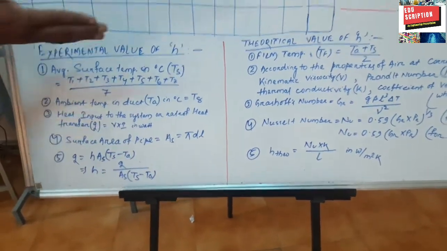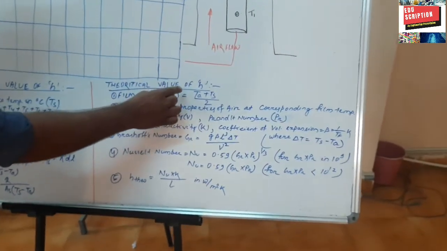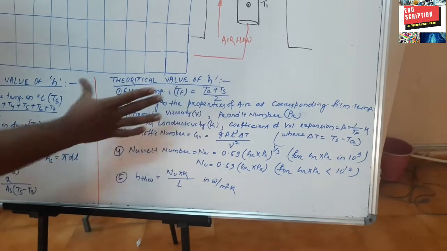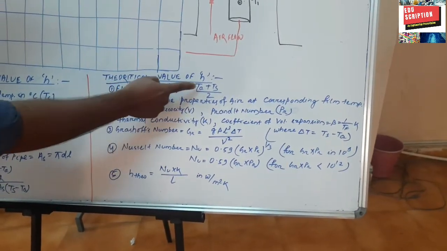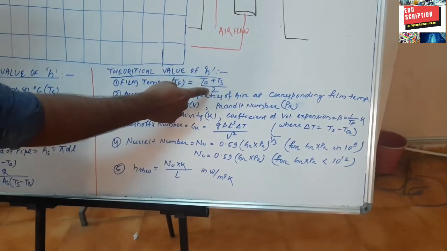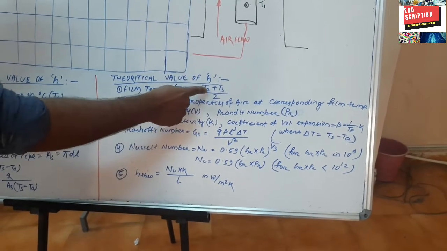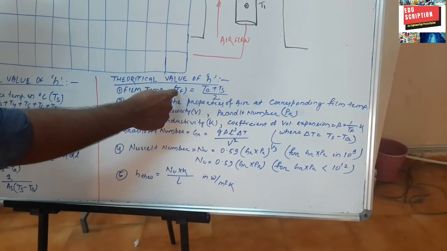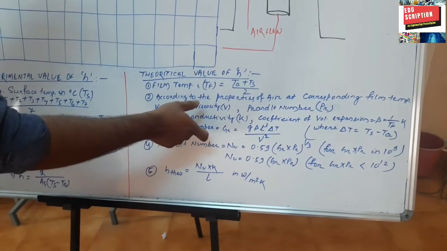So likewise we will find out the theoretical value. Before finding out the theoretical value, the very important thing is to find out the film temperature, and that film temperature is equal to (Ta + Ts) divided by 2, that means ambient temperature plus Ts, the average surface temperature, divided by 2. The Tf value corresponding to this, all these properties of air are going to be found out.